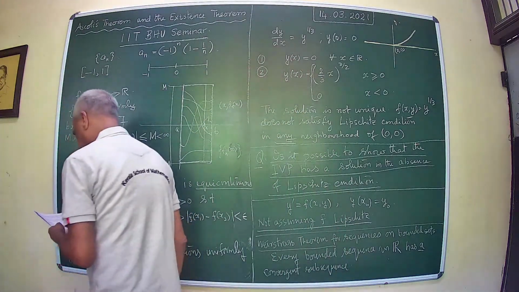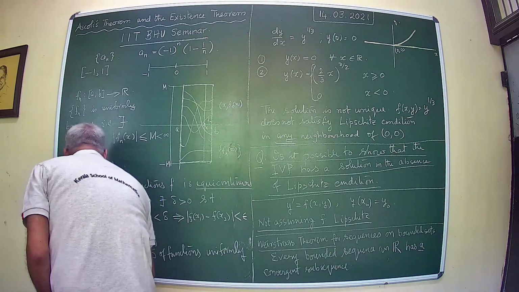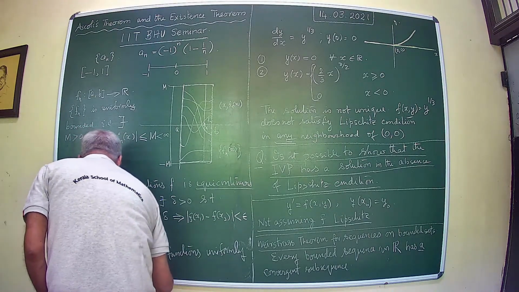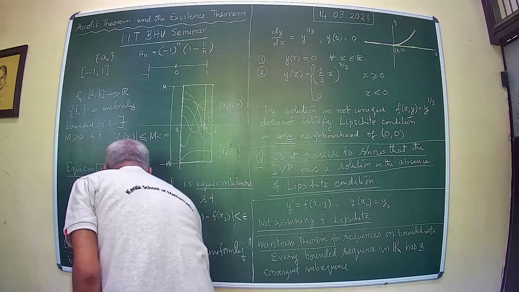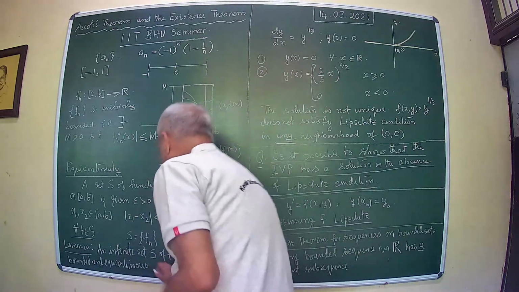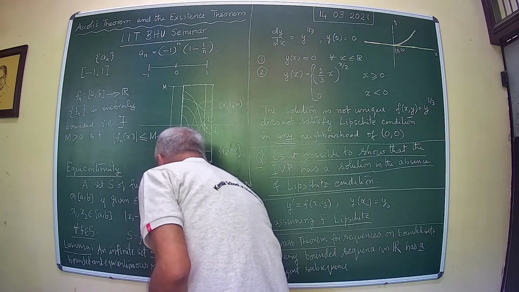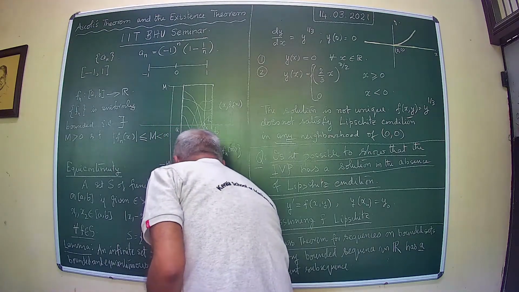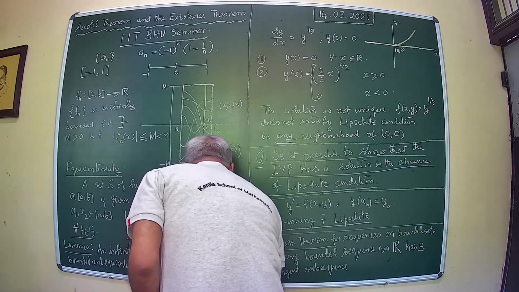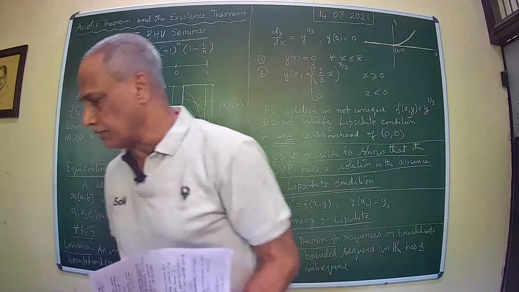Uniformly bounded and equicontinuous over a closed interval, or in fact on a compact interval, because it's a closed bounded interval that you are working with.